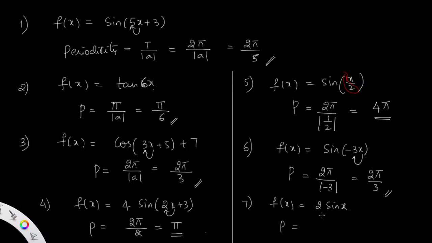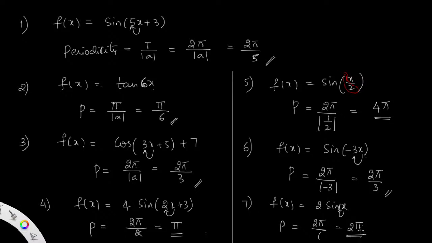There are no constants; periodicity does not depend on the constants and added values, only on the coefficients. So only the function's x coefficient we have to write. Then the value is 2 pi by the x coefficient, which is nothing but 1, so that is 2 pi.